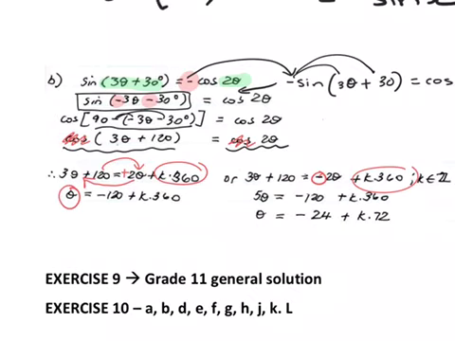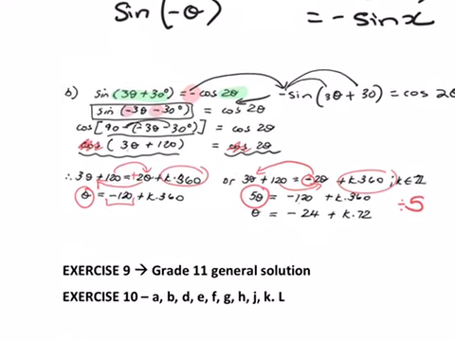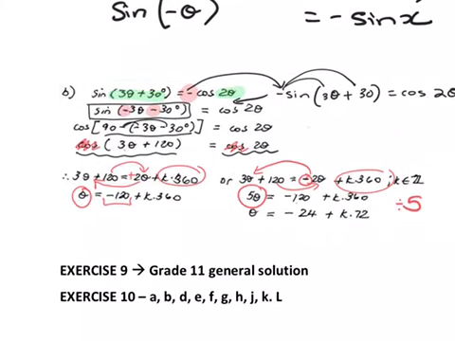The 120 goes across and becomes negative. On the other side, we take the negative 2 theta across and it becomes 5 theta, and taking the 120 across, it becomes negative 120. Then we divide by 5, and we get negative 24 plus k72. It was a general solution with no given interval, so those are your final answers. You leave your answers as those.